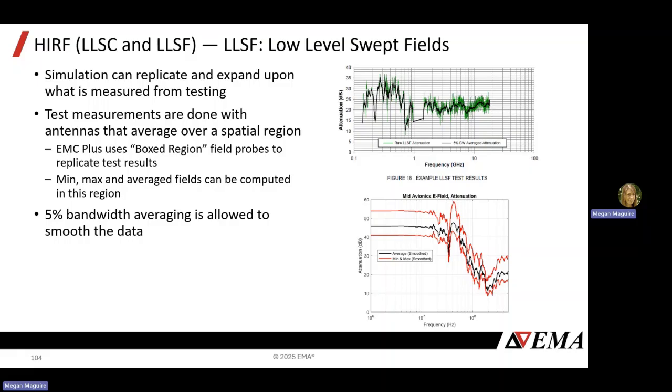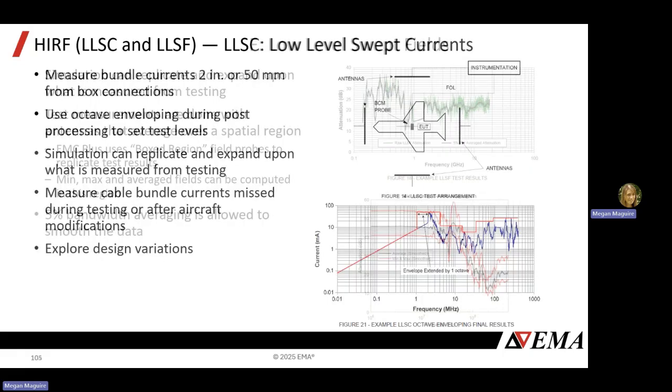For LLSF, or low-level swept fields, you would use the boxed region field probes to replicate where you're probing in test. You can look at the min, max, and also compute average fields within that boxed region and apply 5% bandwidth averaging to smooth the data.